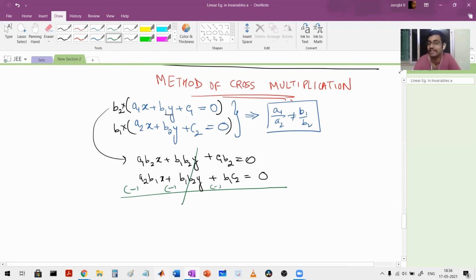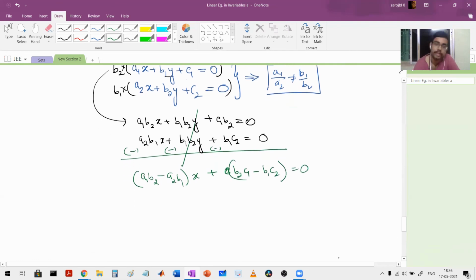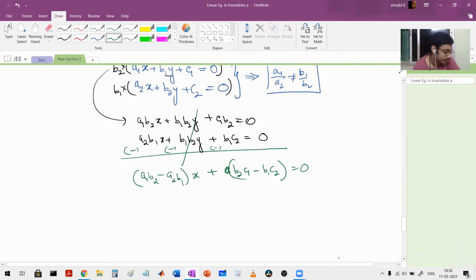This is a very powerful method, that's why. So you get (a1 b2 minus a2 b1) whole x plus (b2 c1 minus b1 c2). I'm showing you the derivation. This is not necessary at all. I'm just showing you the genesis of this formula. So if I solve it like this, what do I get?